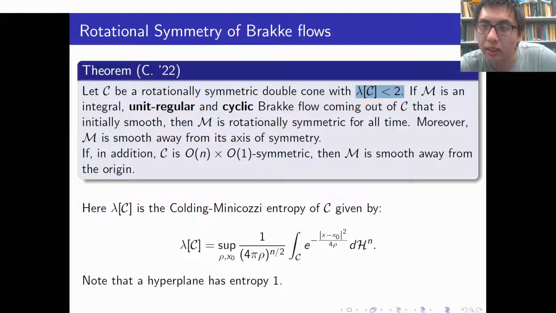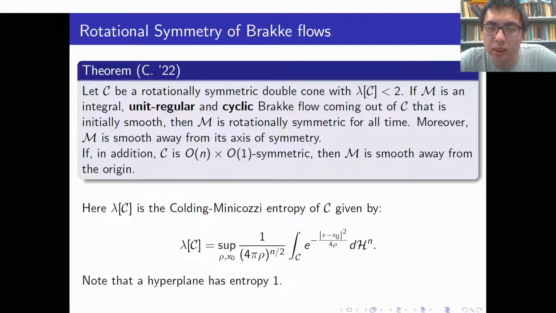a smaller set of cones, and here lambda of C is the Colding-Minicozzi entropy, which is given by the supremum of 1/(4 pi rho) to the n over 2 of the integral of e to the minus |x minus x naught| squared over 4 rho. This is a quantity that measures the complexity of the hypersurface. It's essentially the supremum over all translations and dilations of the Gaussian area of the surface.